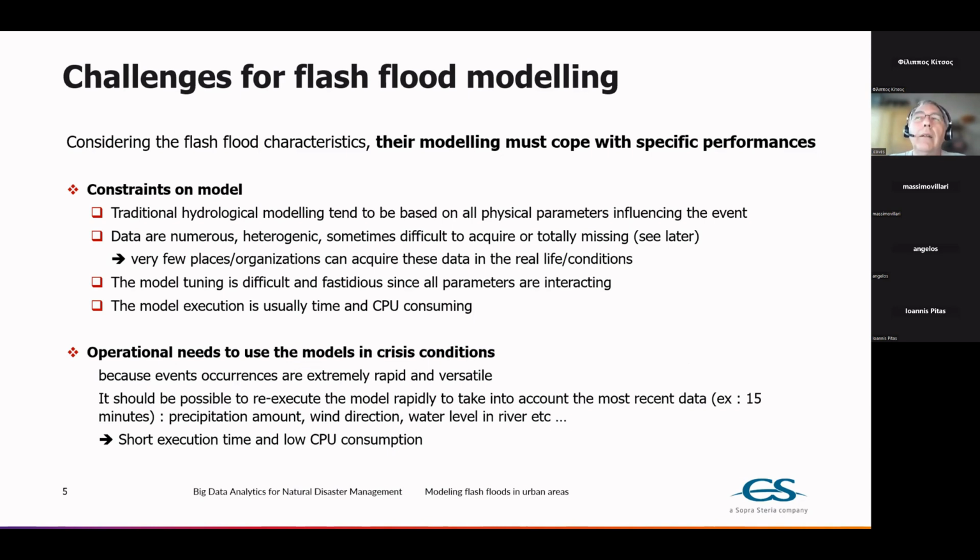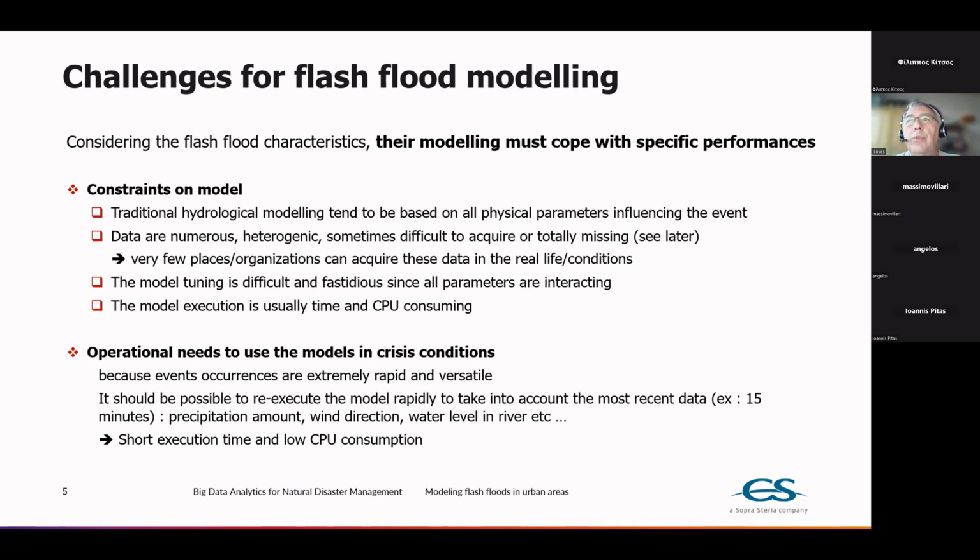Traditional modeling, hydrological, hydrodynamic, tends to be based on a modelization of all the physical parameters that are influencing the event. We'll see a list later, but I would say the topography, you need to have a digital elevation model. You have ground occupation cartography maps.